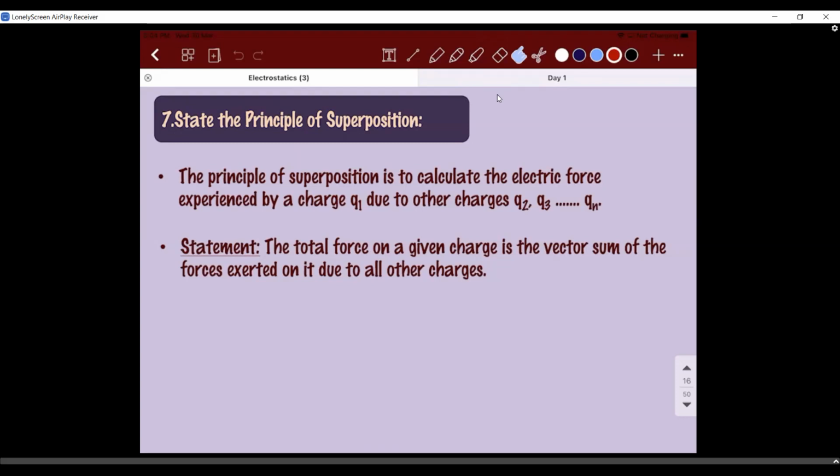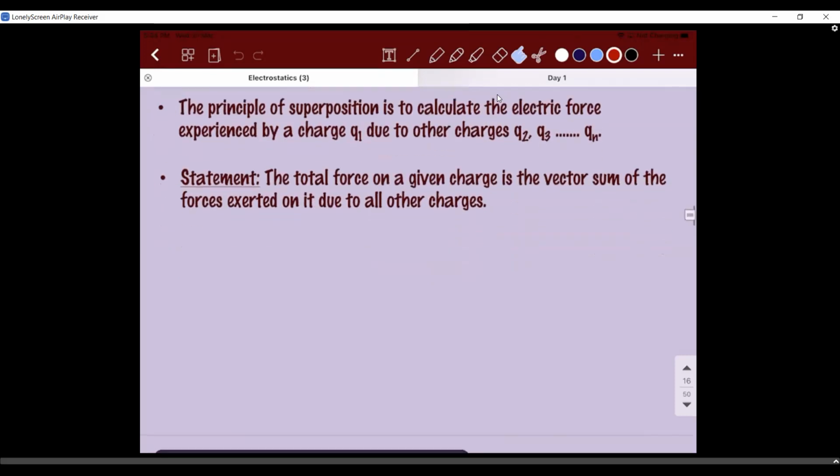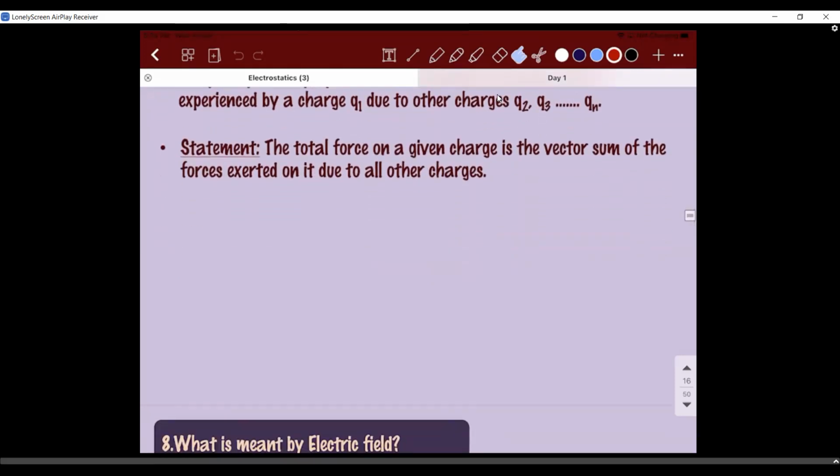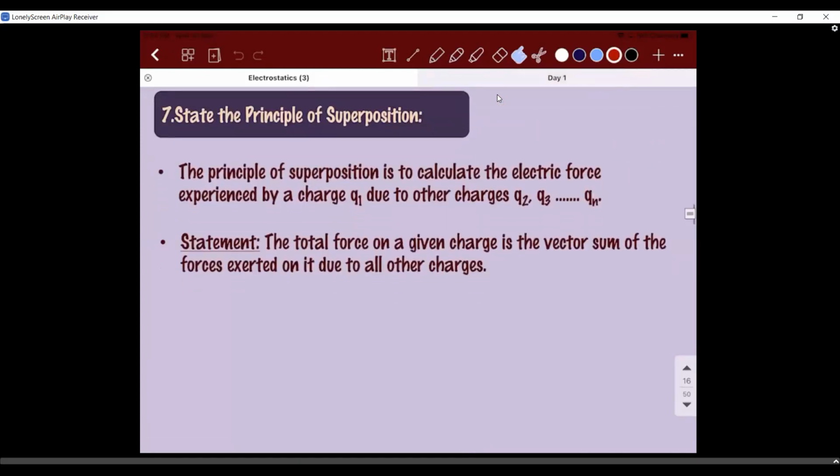Then you need to go with the concept called the principle of superposition. So what does this state? If you need to calculate the electric force experienced by one charge due to the remaining system of charges, then we use this particular principle. So how do we use it?